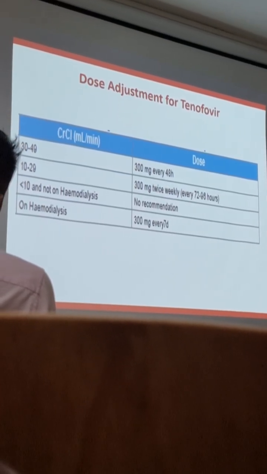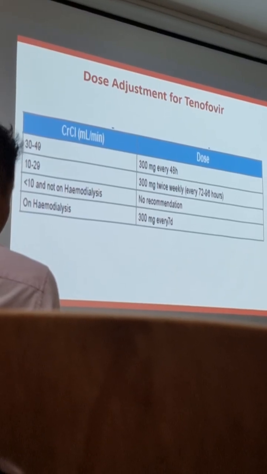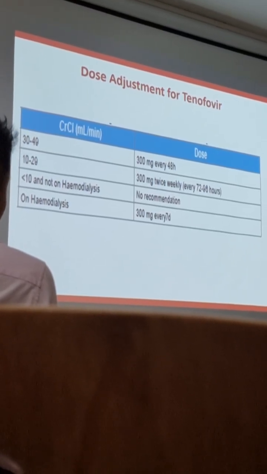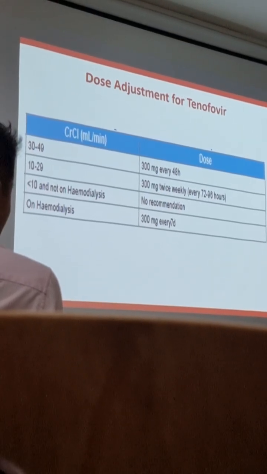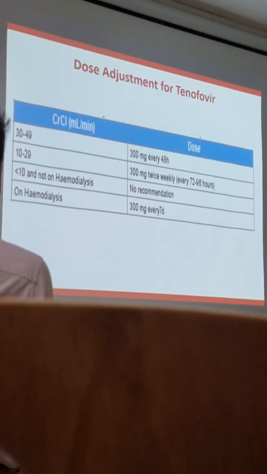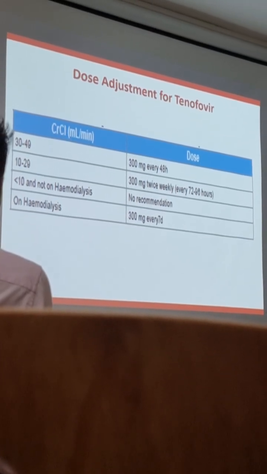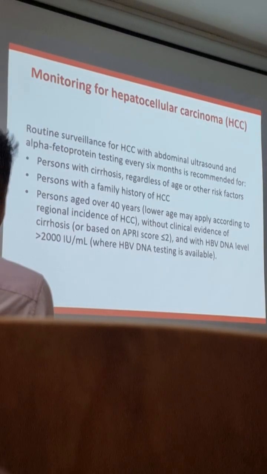If the patient is on hemodialysis, we give 300 milligram every 7 days. To calculate the GFR, we can use a calculator, and then depending on the clearance, we adjust the dose.